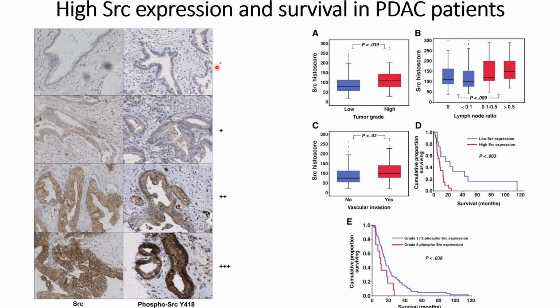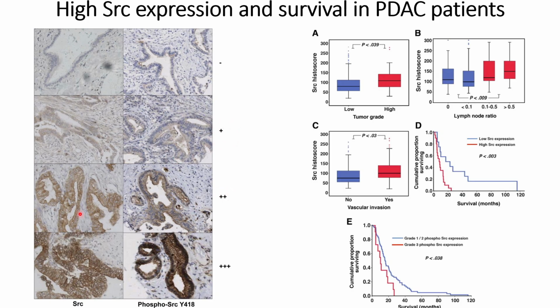What they did is they used different degrees of staining, which can be seen here from these markers. Negative means there is no staining for SRC and phospho-SRC at Y148, and in the second row it's weak staining.